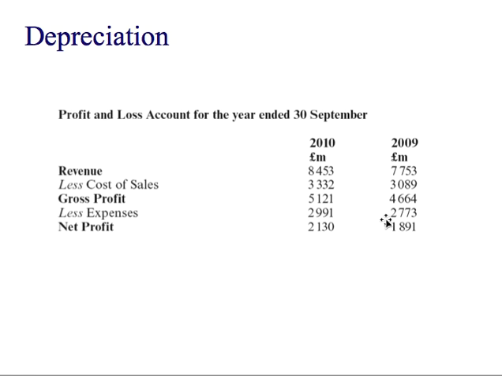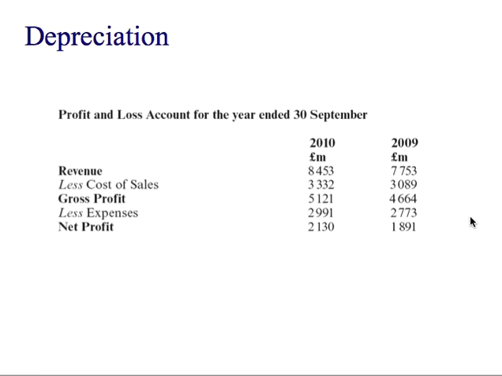If we had £20 million here, then it would distort the profit figures, because that year you'd maybe not make very much profit, obviously, but the year after it would suddenly go much more positive.